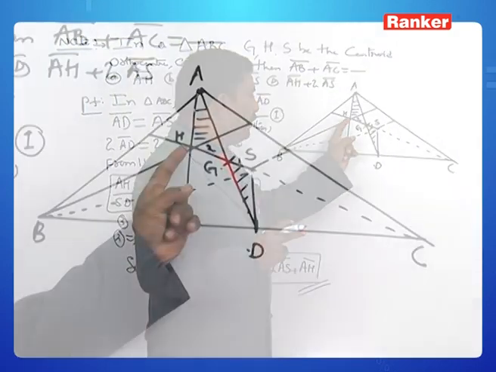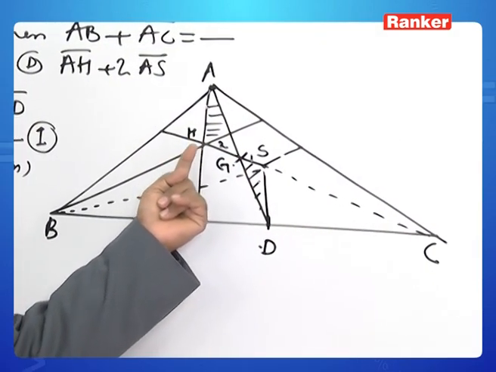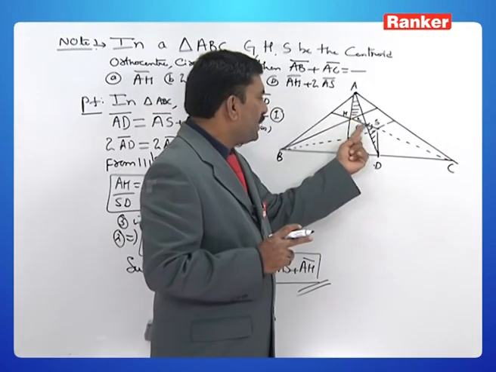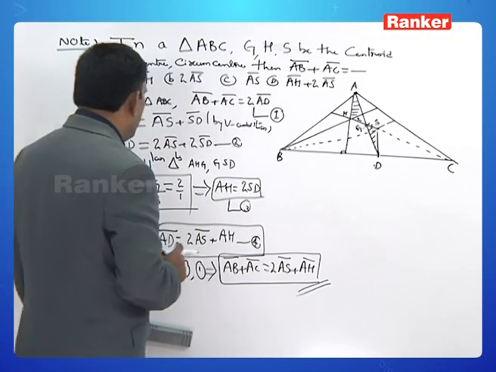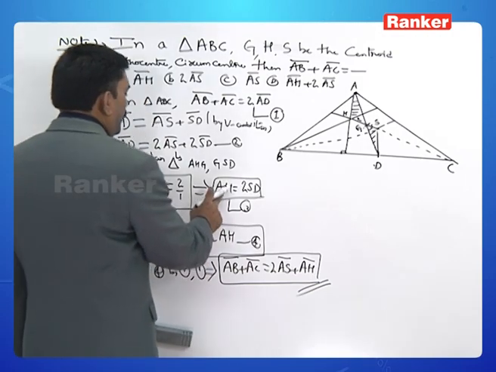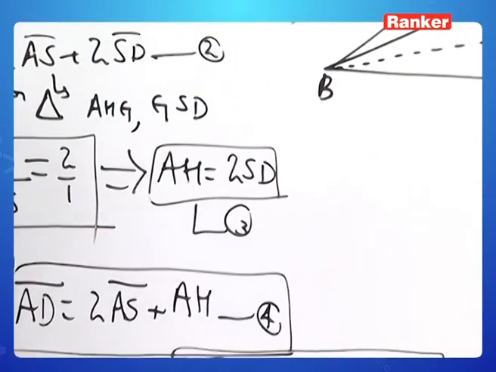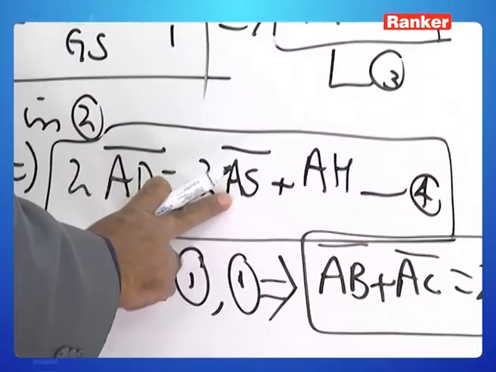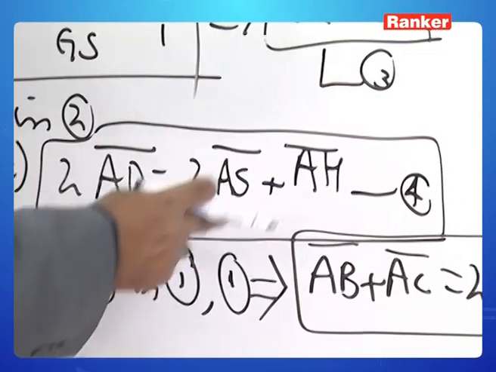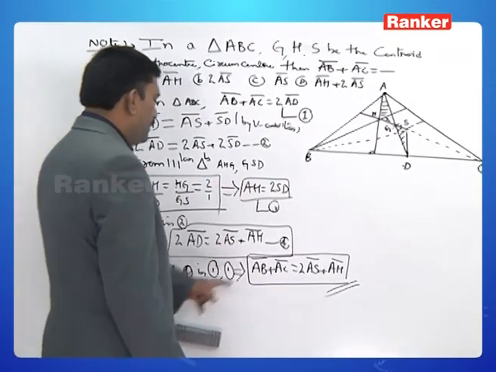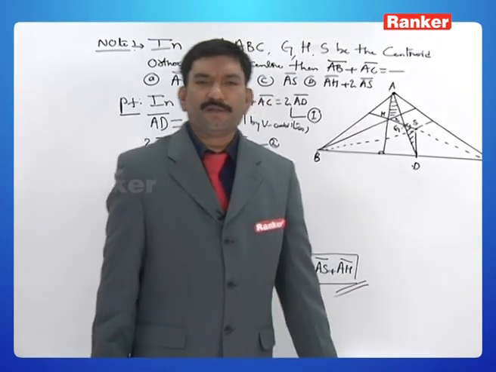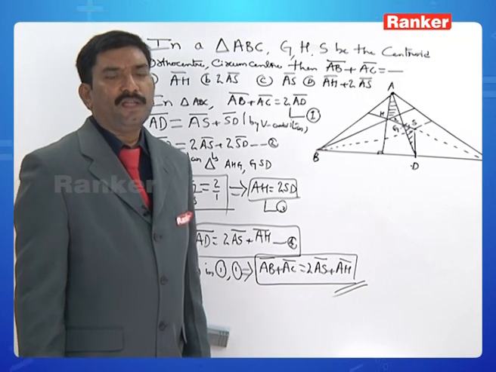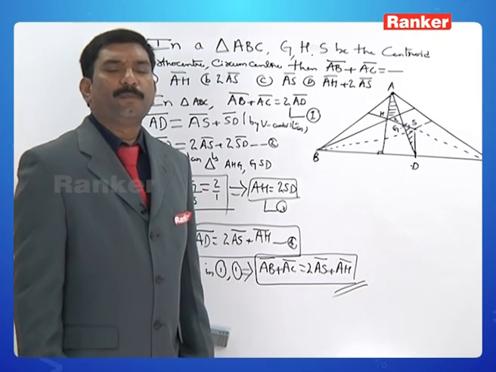By using the ratio of the sides, AH by SD is equal to HG by GS is equal to 2 by 1. Cross multiply. Yes, AH is equal to 2 into SD. Therefore, 2 into AD bar is equal to 2 into AS bar plus AH bar. So therefore, substitute here, we get AB bar plus AC bar is equal to 2 into AS bar plus AH bar.